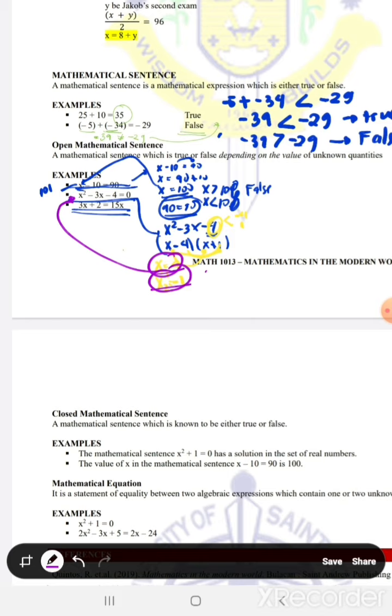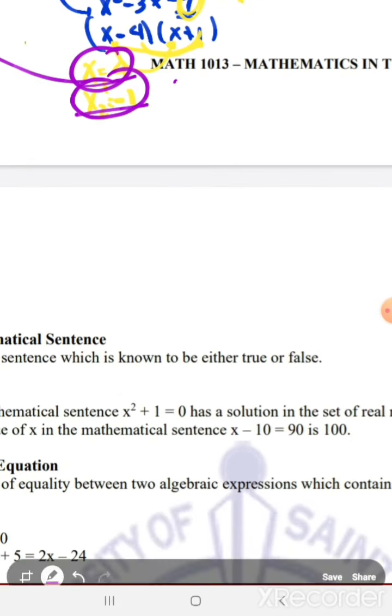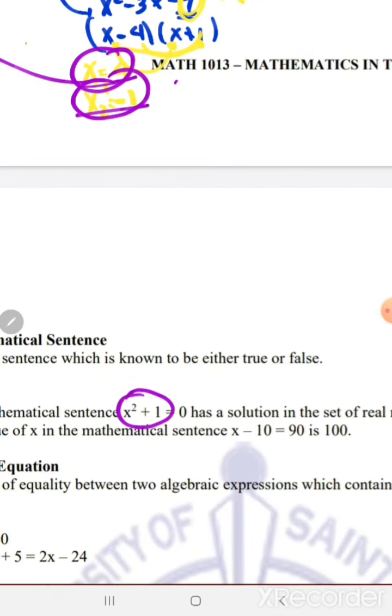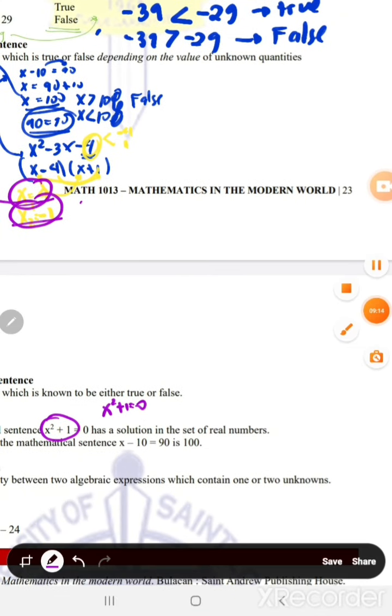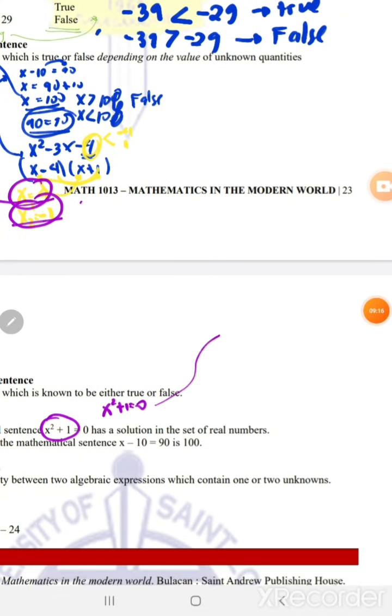Take note that real numbers are either negative or positive. But if we evaluate this one, x squared plus 1 is equal to 0, so therefore it is false. But since it is a mathematical sentence which is either true or false, I may say that x squared is equal to negative 1.